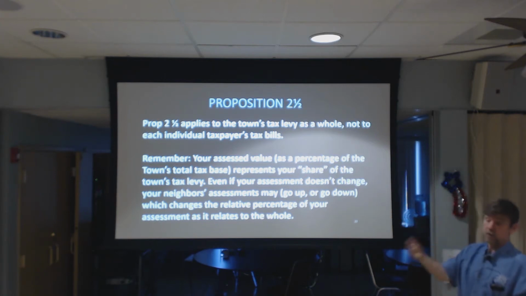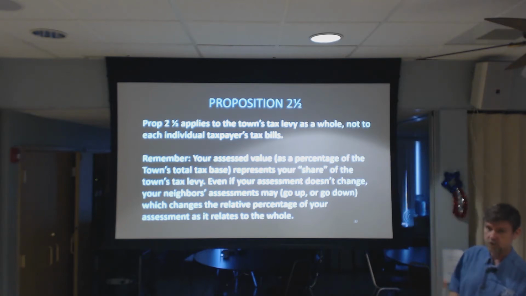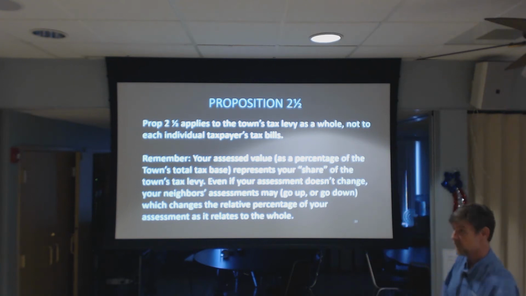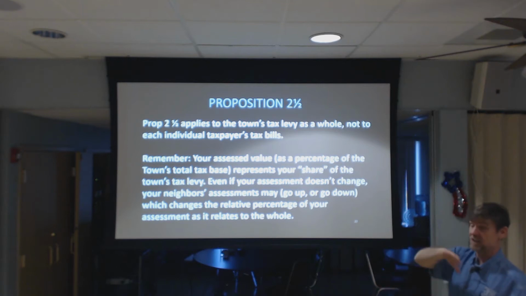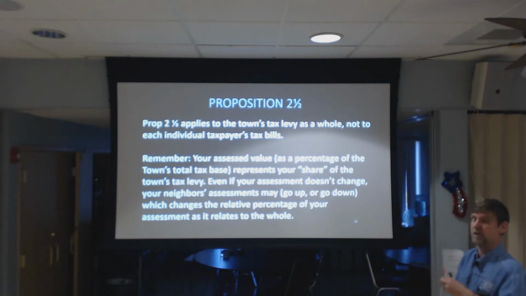And conversely, if your property value falls. I'm not suggesting that you don't paint your house and don't mow your grass to let your property values go down. Because if everybody did that, you'd still end up paying the same, because the town raises that $21.4 million regardless. It's just how it gets distributed. It gets distributed according to your assessed value and that relationship to everybody else.